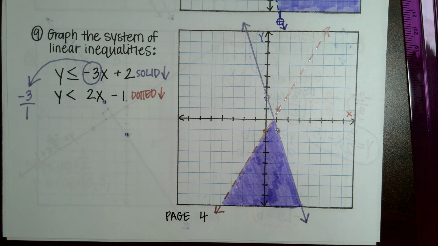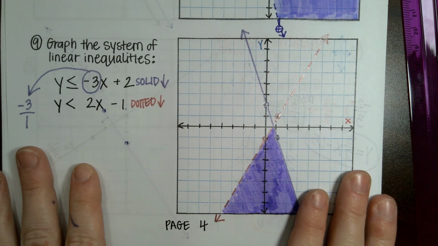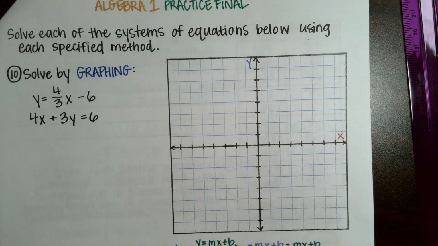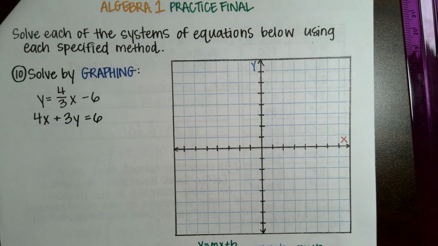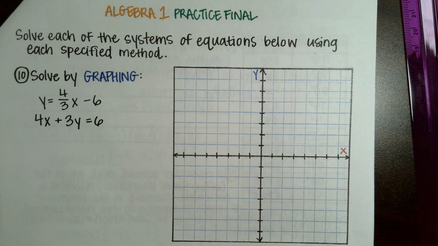Are we ready for the next page, or do we have any questions at all about these? Do we feel okay about them? I'm good. Okay, good. All right, page 5. Here we have the systems of equations. So this is the same thing. You're just graphing these two and you're finding the intersection.